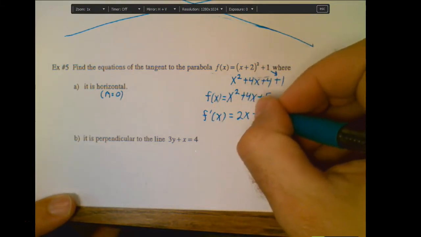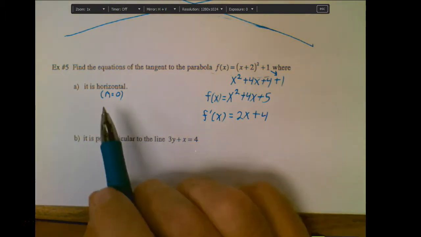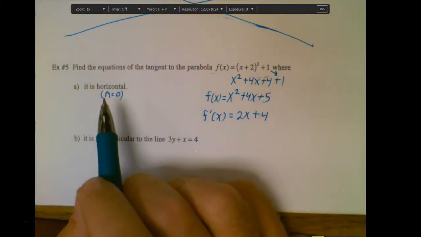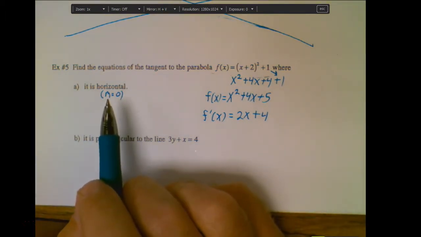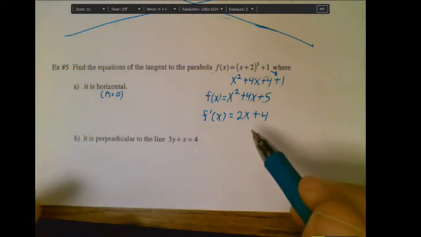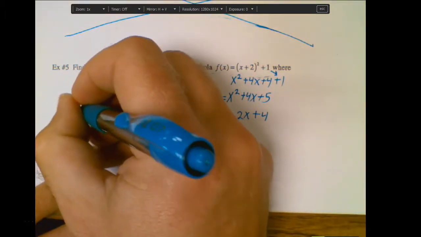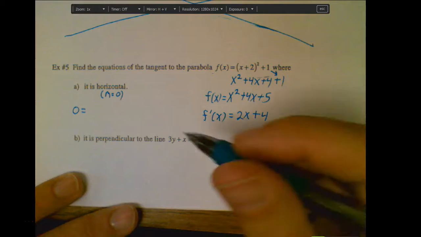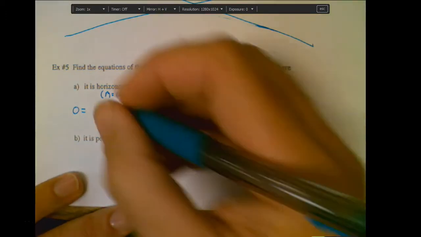So 2x plus 4. So remember, if it's a horizontal line, it's just like in the last problem. It's just going to be y equals some number. Well, in this case, what is the y coordinate? If I take the derivative and set it equal to 0, because my slope is 0, that means my derivative is 0, 2x plus 4.